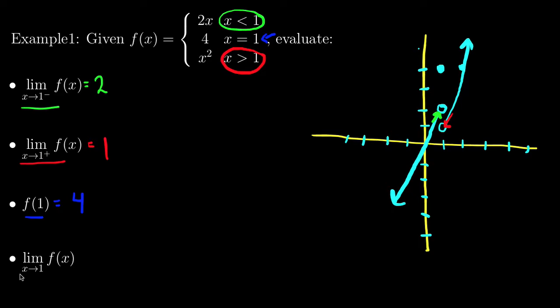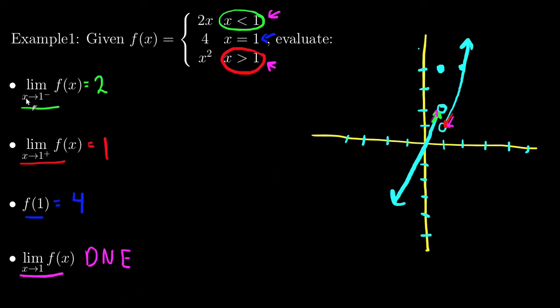So for the regular limit of f of x as x approaches 1, I consider to the left and to the right. I do not care about what happens at 1. From the left, we are approaching 2. From the right, we are approaching 1. And since they're not approaching the same value, this one does not exist.